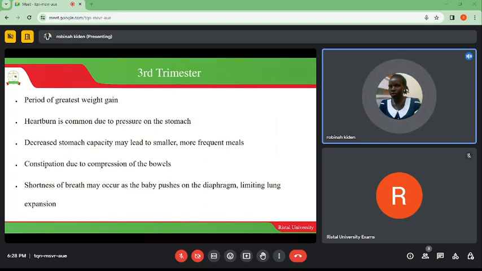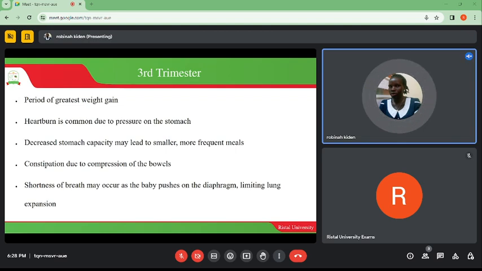During this time, also there's decreased stomach capacity, which may lead to smaller, more frequent meals. So during this period, we advise the mother not to sit and eat fully at once, but she can eat in small bits. When she eats, then she relaxes and she eats again, she relaxes like that.